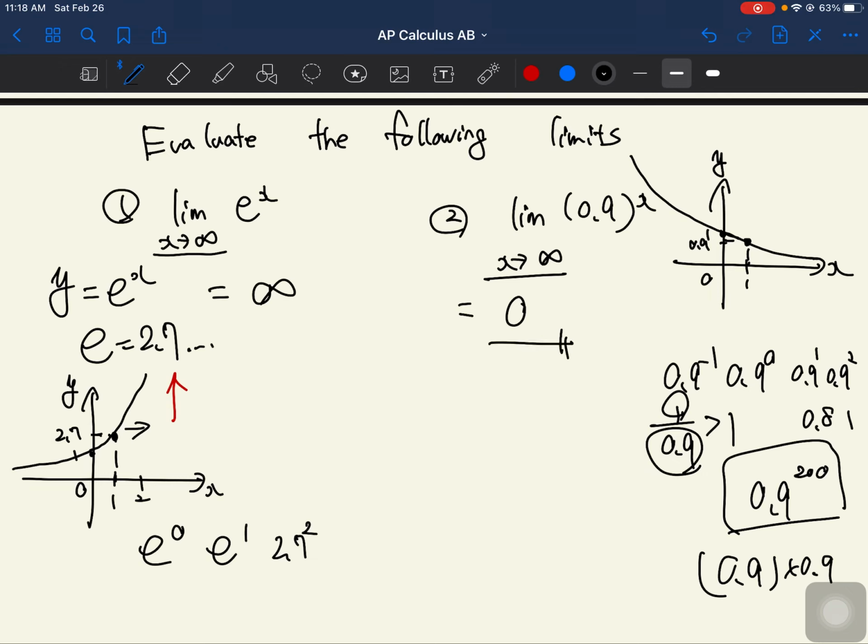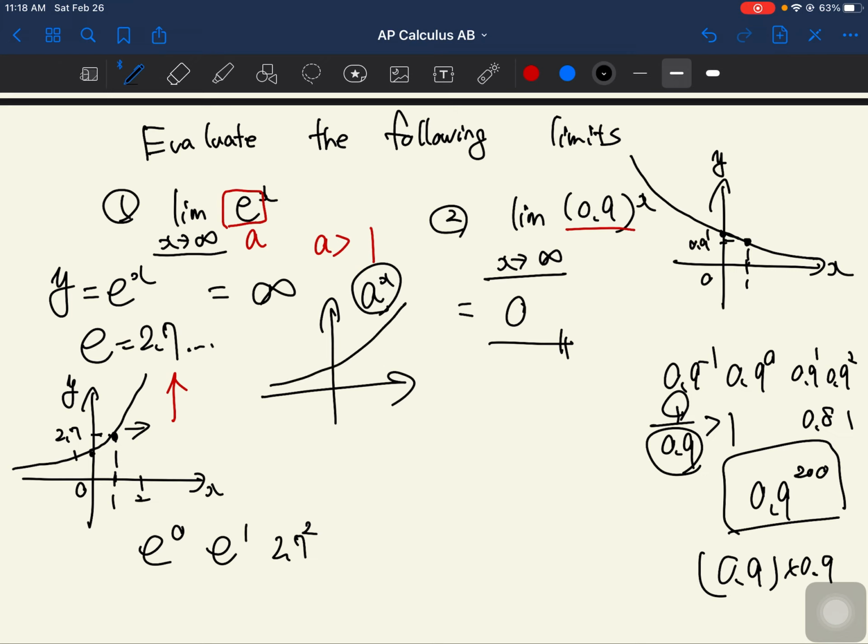Okay. Now, you might have noticed it. This value is going to be really important, so let me put this one as a. If a is bigger than 1, the graph, like this graph, is going to be like this.